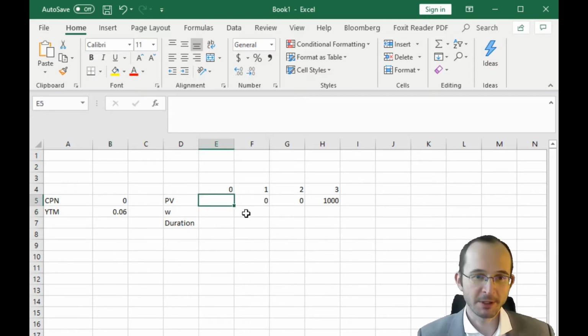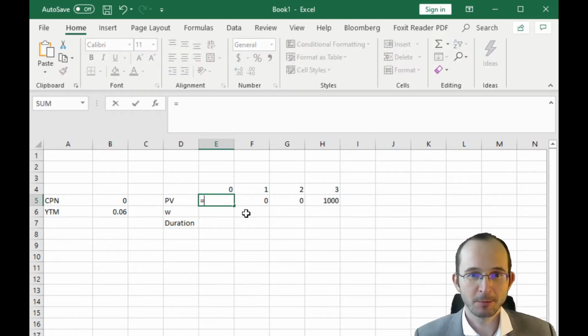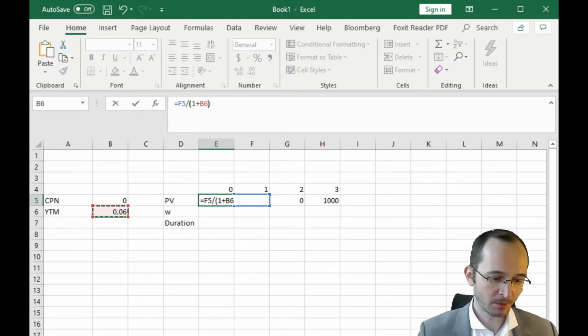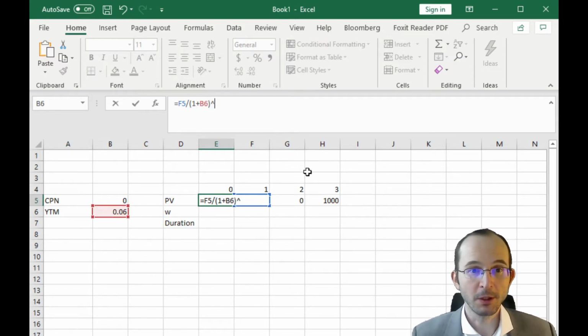Therefore, what is the present value of this bond? Well, let's just add up the present values of these cash flows. We'll take the cash flow in year 1, discount it at 1 plus the yield to the current period.